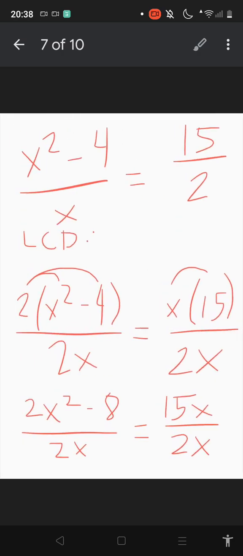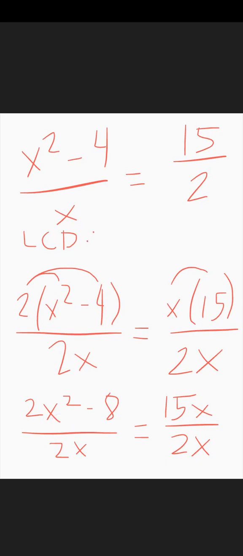Then the next thing we have to do is distribute, or multiply. Using the distributive property, we multiply 2 to the x squared minus 4. So 2 times x squared is 2x squared, and 2 times negative 4 is negative 8, and then copy the denominator.